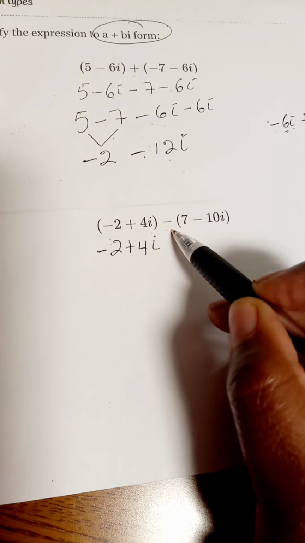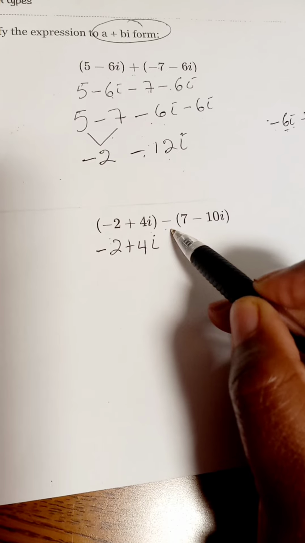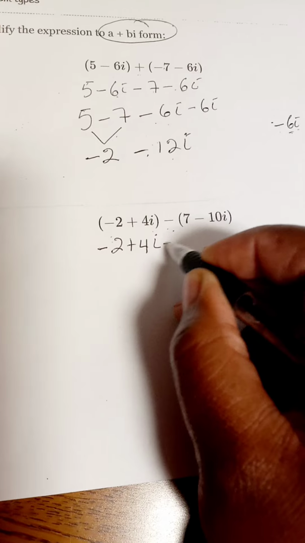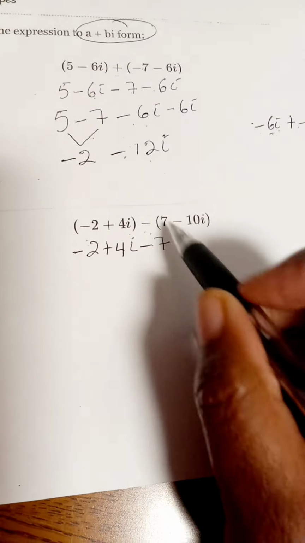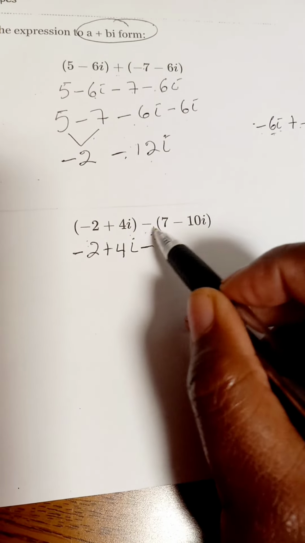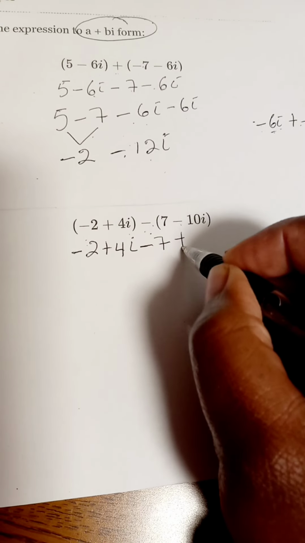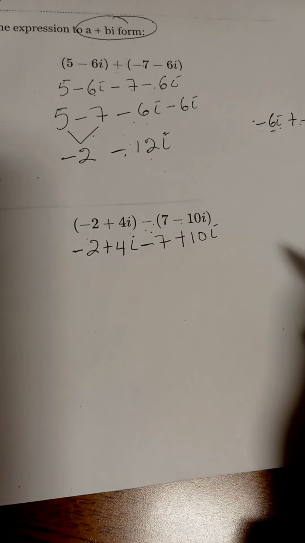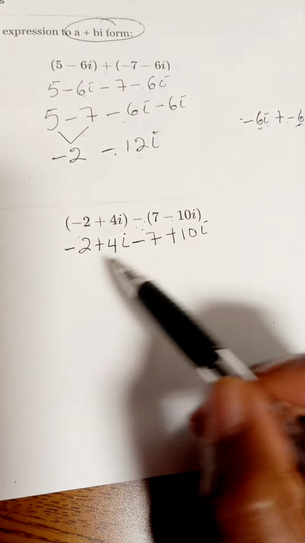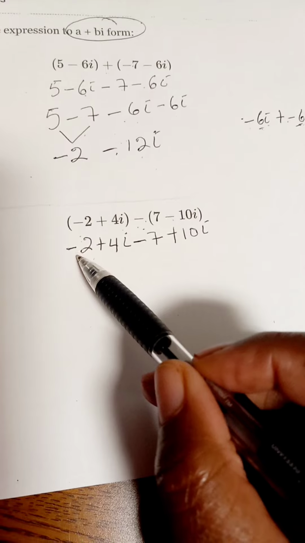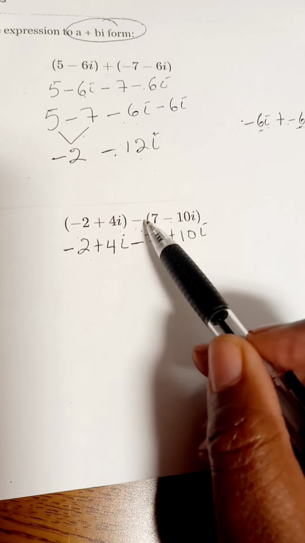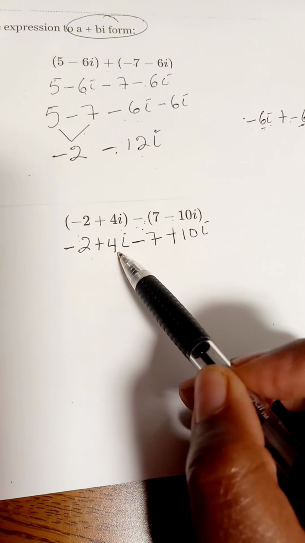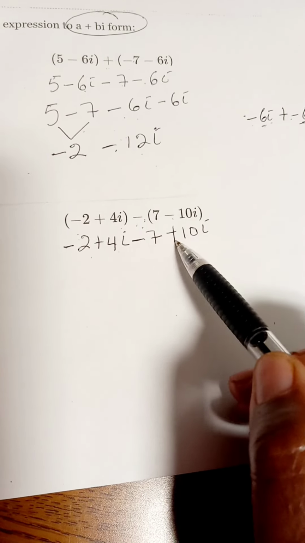Now I have a negative outside my parentheses, right? So it's like negative 1 times positive 7 is going to give me a negative 7. And a negative times a negative is a positive, and that's going to be 10i. So now, when I distributed my negative inside, I have negative 2 plus 4i minus 7 plus 10i.